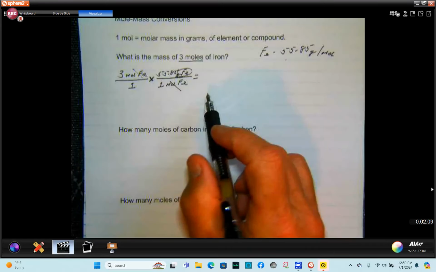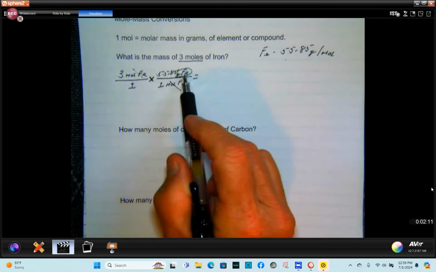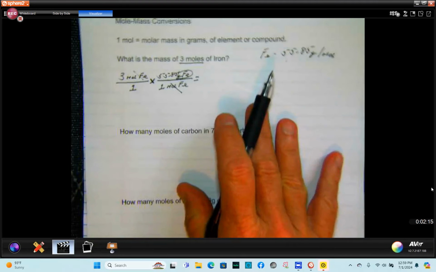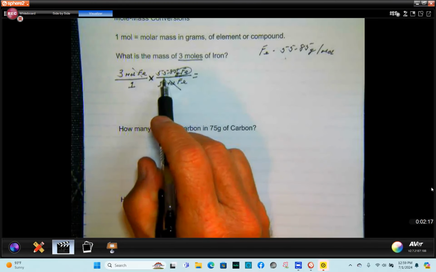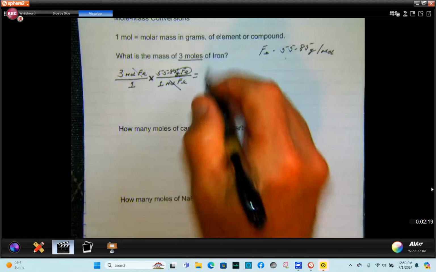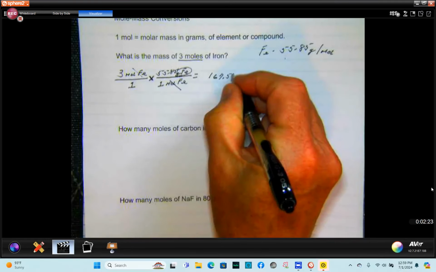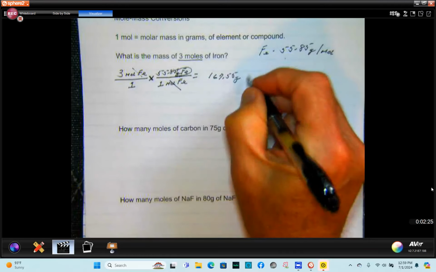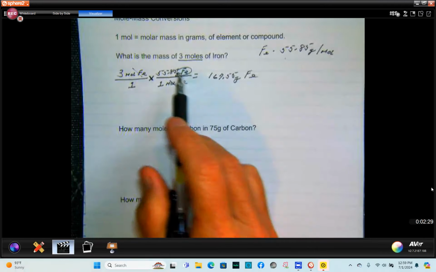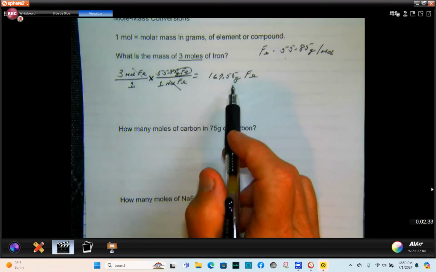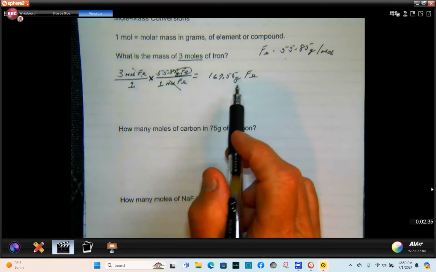So from here, we can go ahead and multiply the numerators, divide by the denominators. So this one's pretty straightforward. 3 times 55.85 is 167.55 grams of iron. And that is what we're looking for. We wanted the mass here. So this answer makes sense and would be correct there.